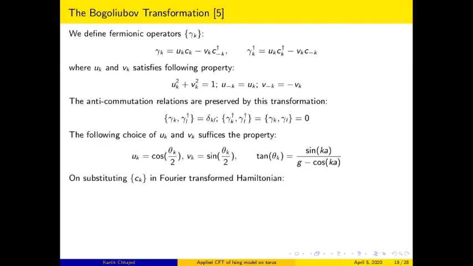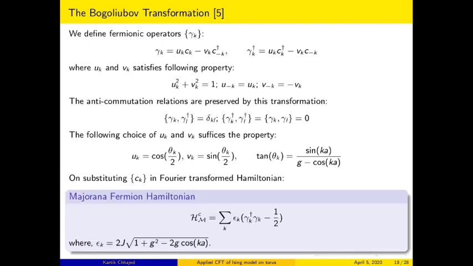And with our choice of uk and vk like this, and we substitute this in the Fourier transformed Hamiltonian, what we get is this Majorana fermion Hamiltonian, where particle number is conserved.